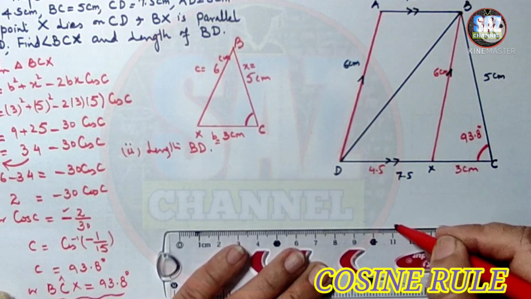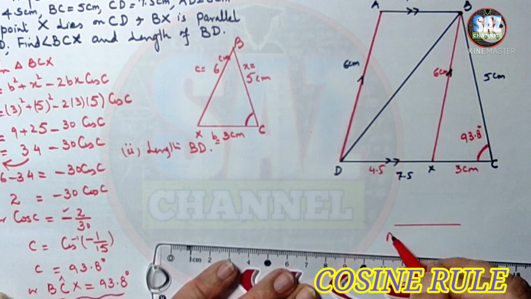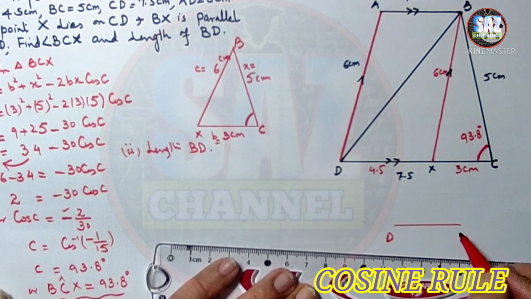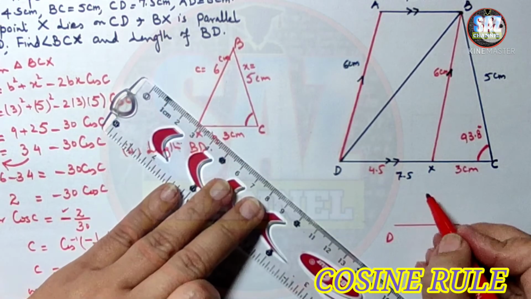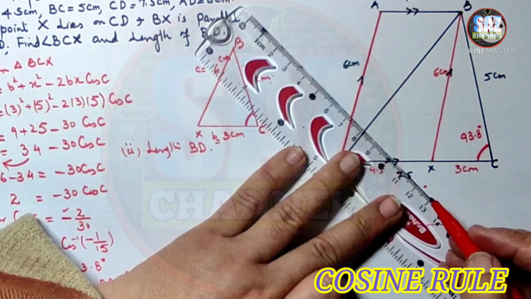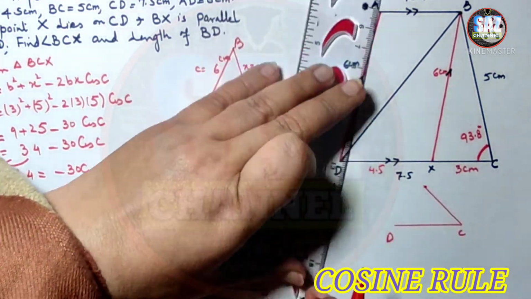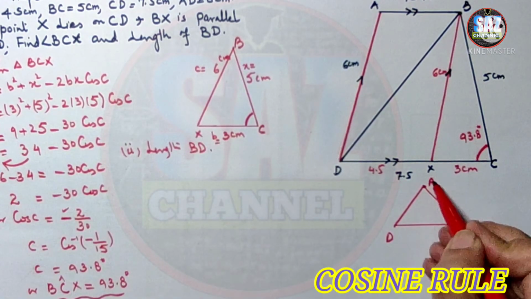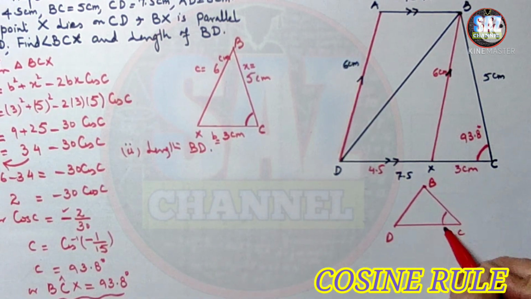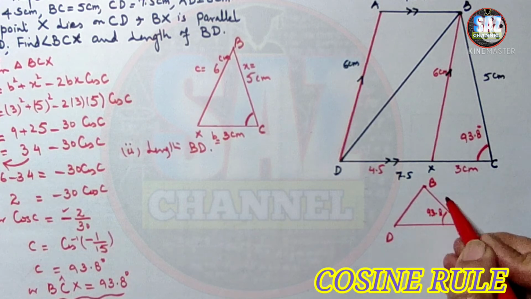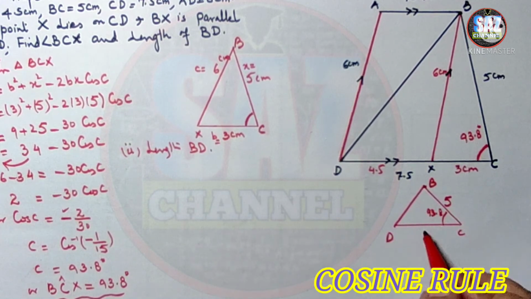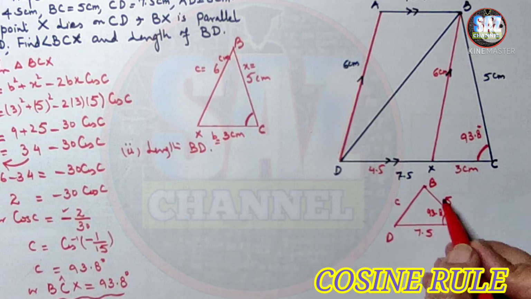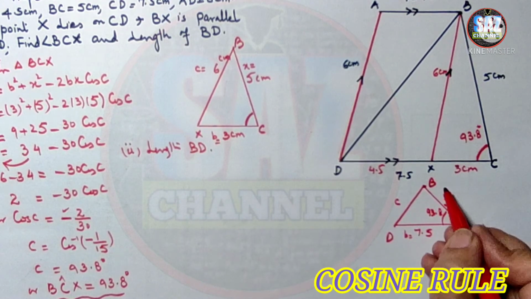This is D. This is C, and this is B, vertex B. Let me join these two points, BD, and this angle we just have calculated, 93.8. This is 5, and D to C is 7.5, which is already given in the question. Now look, this is the side in front of C, so it will be small c, this is small b, and this is small d.